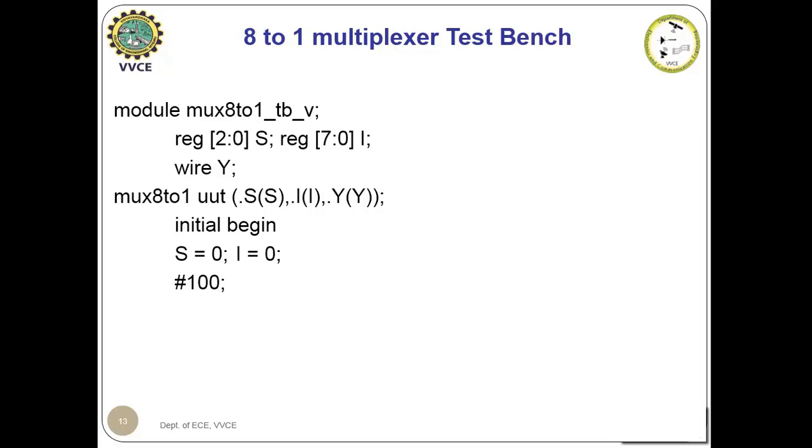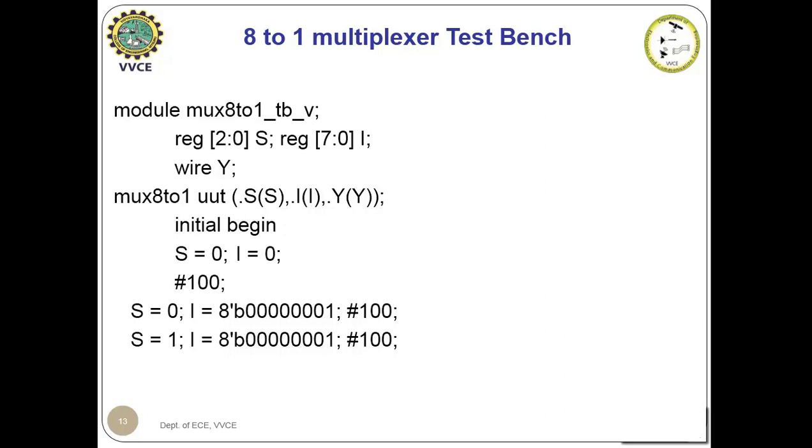S is equal to 0 and I is equal to 0 for 100 time units. Then I'll be giving the test inputs. When S is 0, I will be equal to 0, 0, 0, 0, 0, 0, 0, 1. So this is the channel input. When S is equal to 1, I is equal to 1.